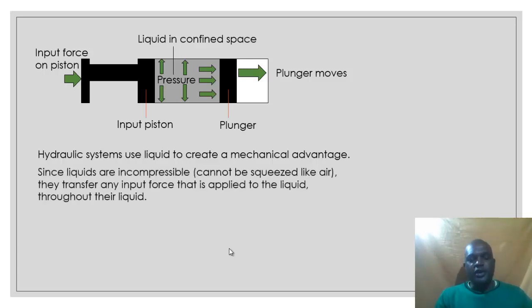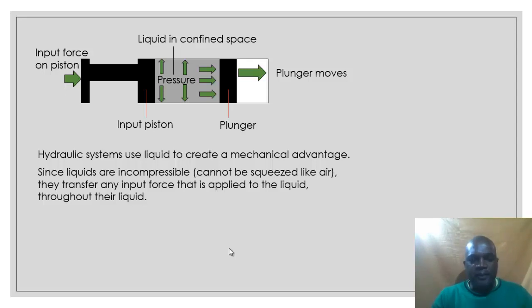Since liquids are incompressible, that is, a liquid cannot be squeezed. A liquid is different from air, where, because of the spaces between the particles, air can be compressed a bit before it becomes incompressible.